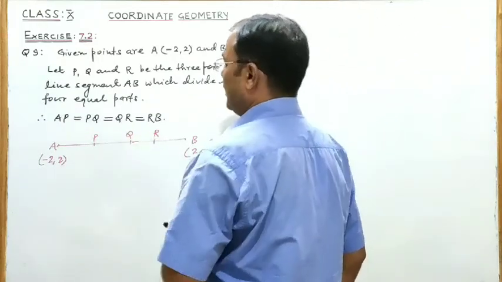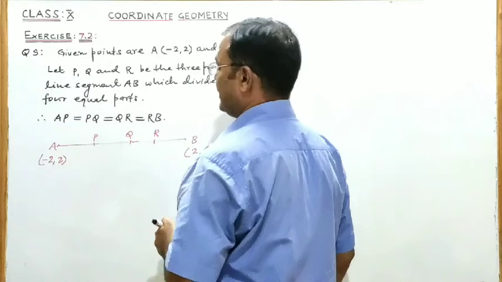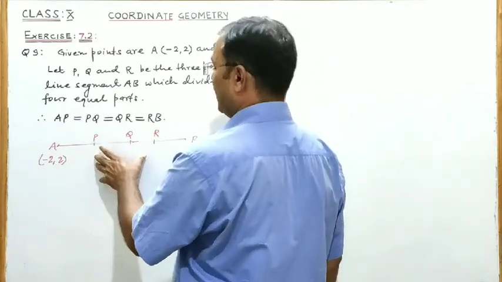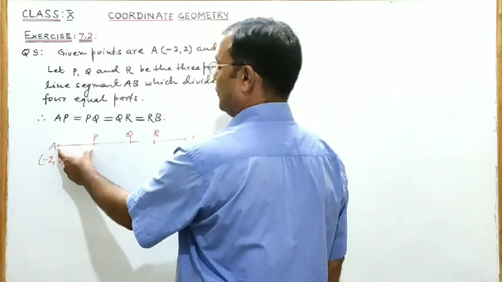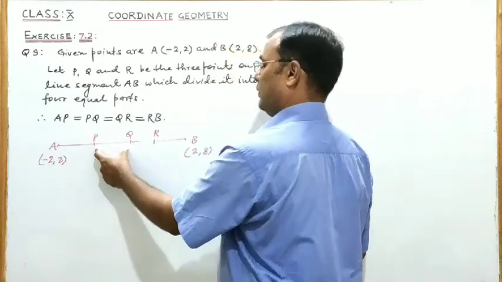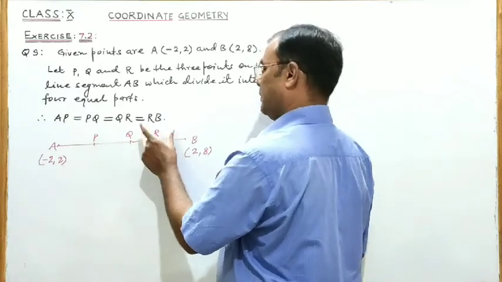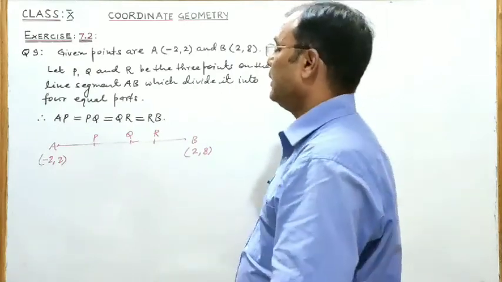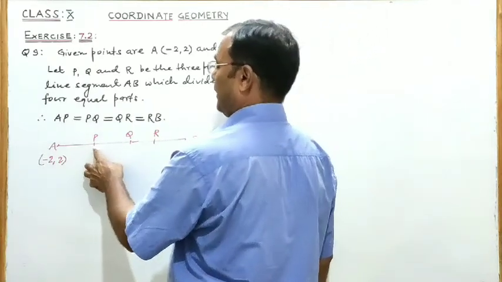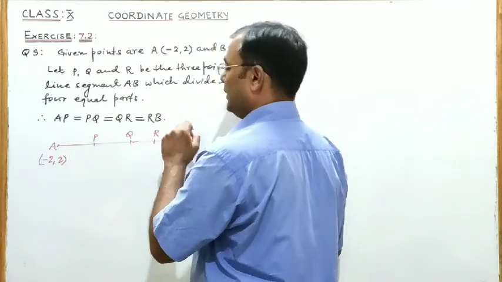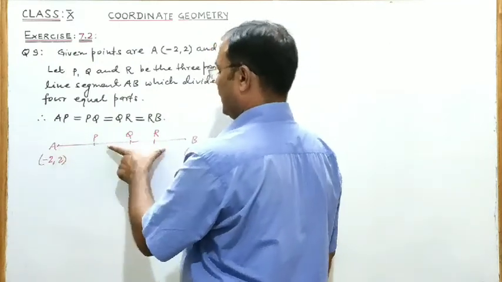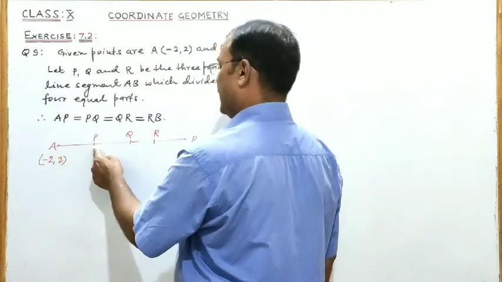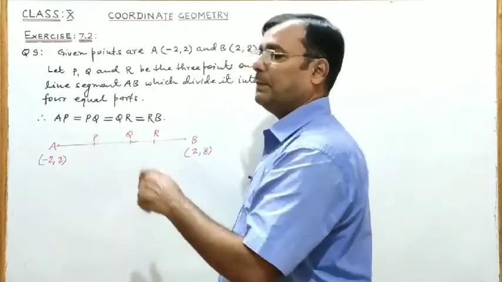As points P, Q, R divide the line segment AB into 4 equal parts, out of 4 equal parts of AB, AP is 1 part, PQ is 1 part, QR is 1 part and RB is 1 part. So here point P divides the line segment AB in the ratio of 1:3, because out of 4 parts AP is 1 part and PB is 3 parts.